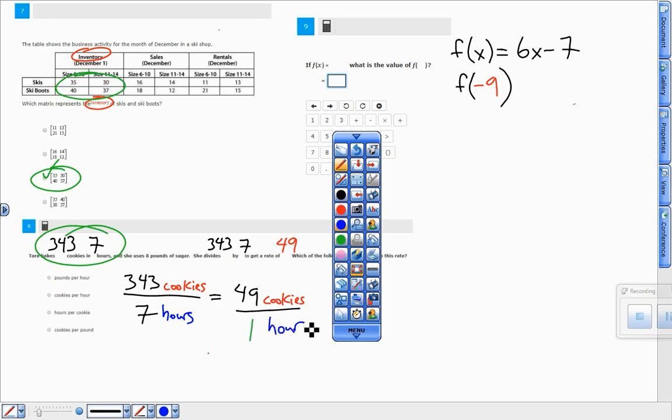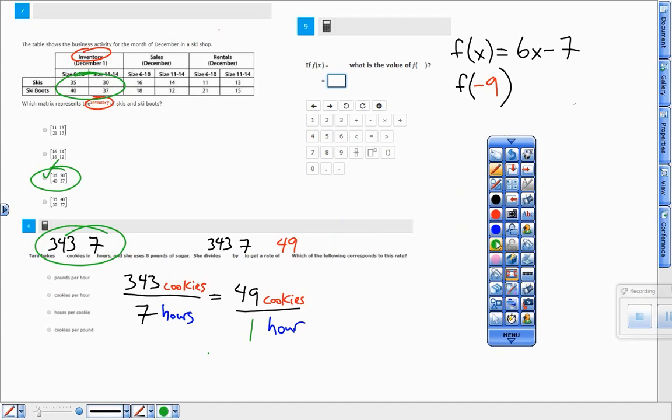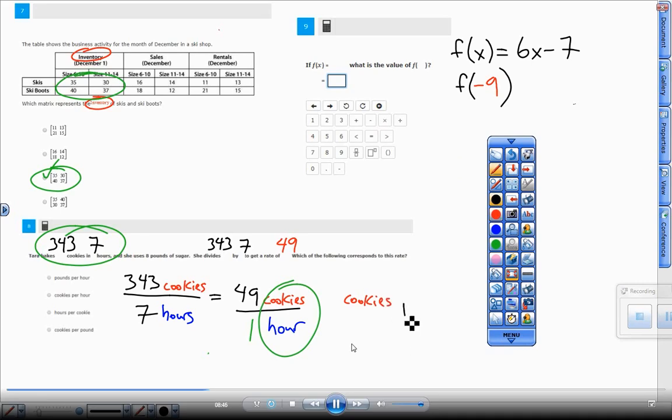So of course that cookies for every 1 hour unit is written as cookies per hour. Cookies divided by every hour. Per hour. Which would be cookies per hour.